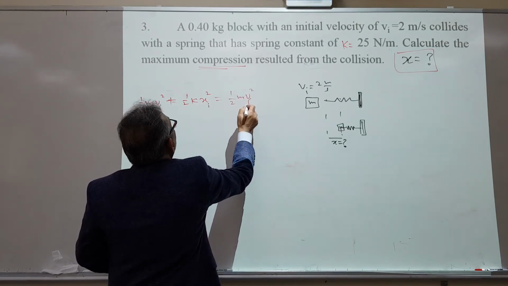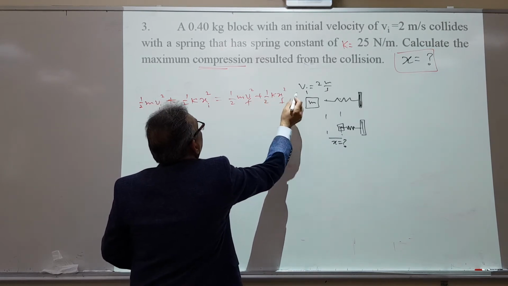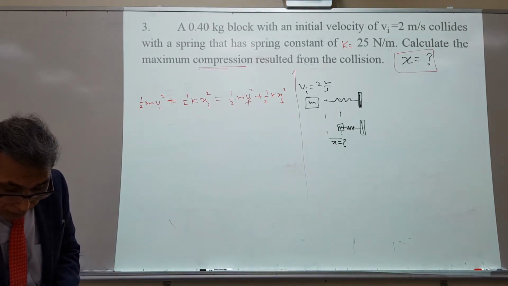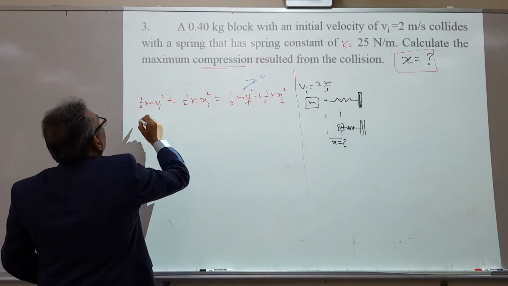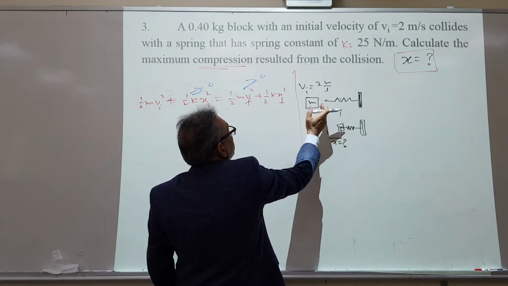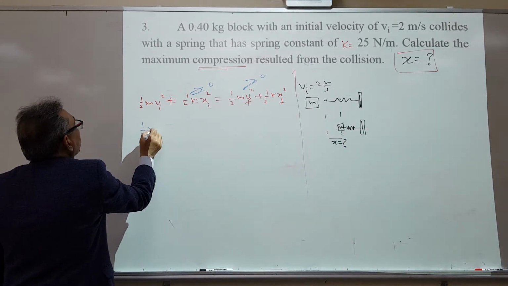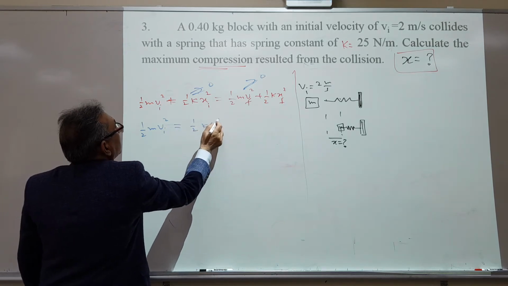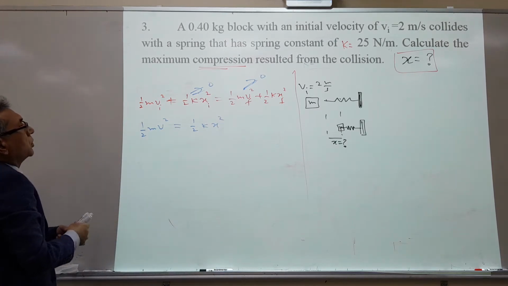Equal to half m vi square plus half kx final. Now, the final kinetic energy is 0 because it will compress, and the initial elastic energy is 0 because initially it is not compressed or stretched. So you are left with half m vi square is equal to half kx final square.